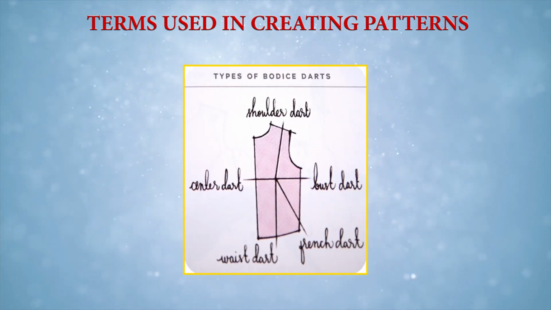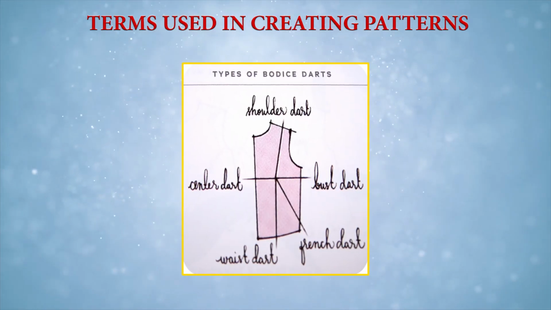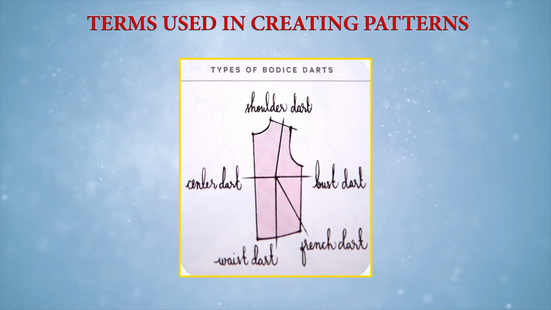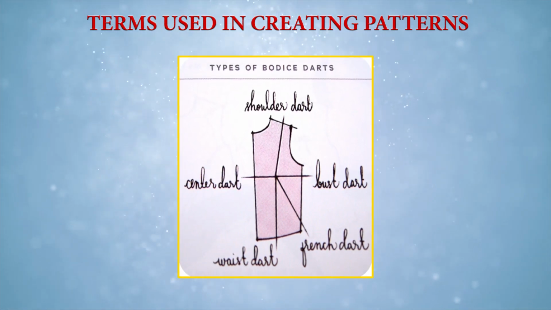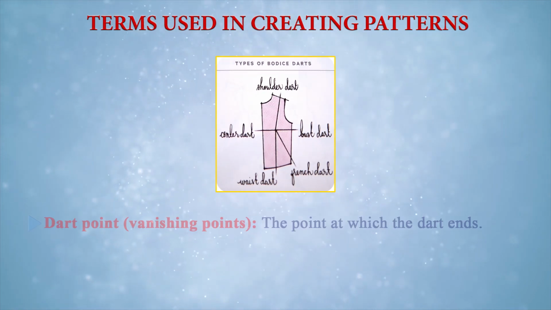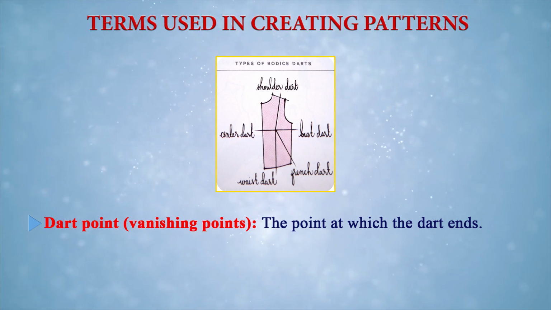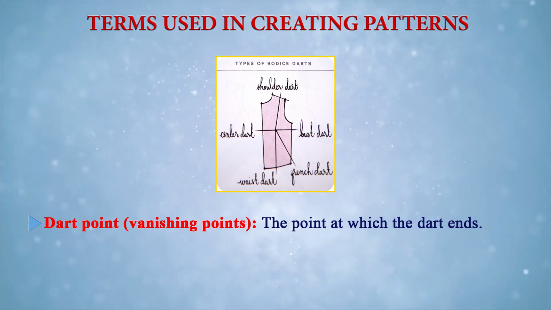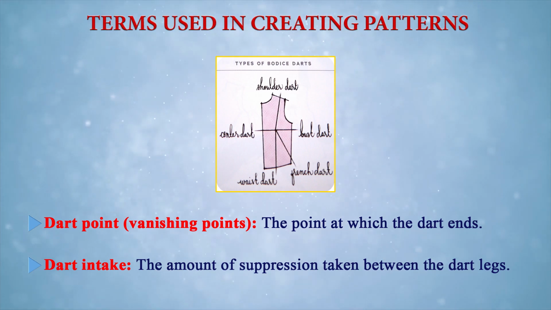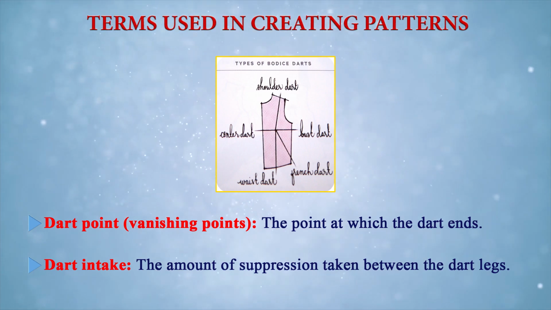As you can see in the picture, there are different types of darts we can develop on a pattern. We can develop a shoulder dart, a center dart, a bust dart, a French dart, and a waist dart. The dart point is the point at which the dart ends, and the dart intake is the amount of separation between the two dart legs. When we create a dart, it is in a triangular form.